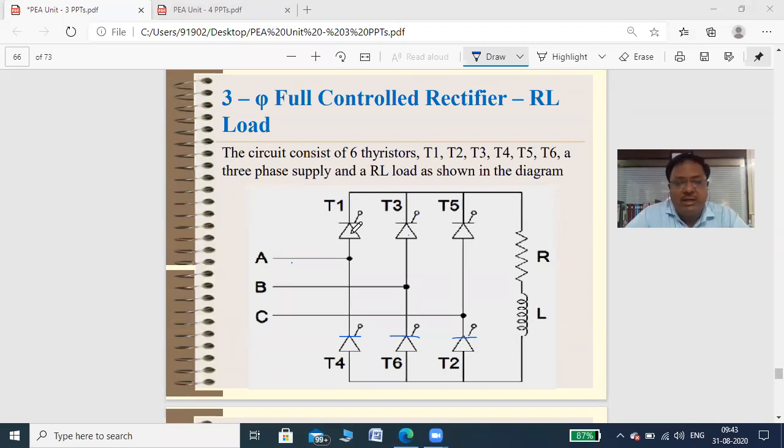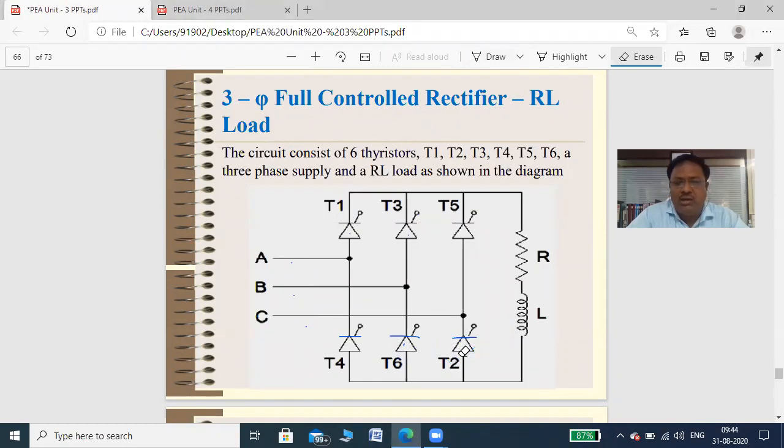If T1 is conducting, it means that A is positive. At that time, maybe B is more negative or C is more negative. One of the terminals is more negative. If B is more negative, T6 conducts. If C is more negative, then T2 conducts. So the pair T1, T6 or T1, T2 will conduct at this time, right? So this is the working of this circuit.